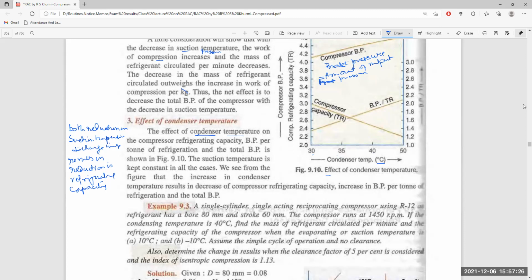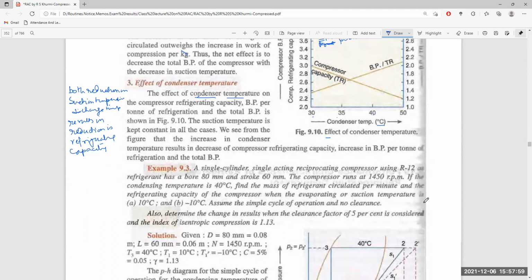If the condensing temperature is 40 degrees centigrade, find the mass of refrigerant circulated per minute and the refrigerating capacity of the compressor when the evaporating or suction temperature is 10 degrees centigrade and minus 10 degrees centigrade respectively. Assume a simple cycle of operation and no clearance. Also determine the change in results when a clearance factor of 5% is considered and the index of isentropic compression is 1.1.